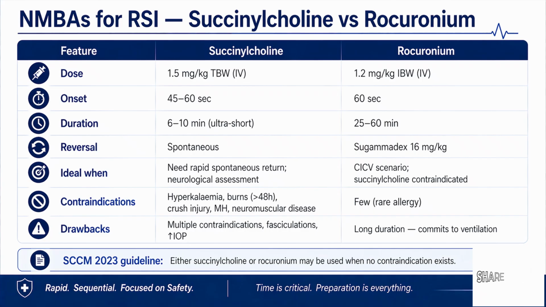The SCCM 2003 guidelines suggest either succinylcholine or rocuronium may be used when no contraindication exists. And as we already discussed, succinylcholine has a lot of contraindications, whereas rocuronium has very few contraindications. So rocuronium is every day becoming the more preferred agent worldwide.